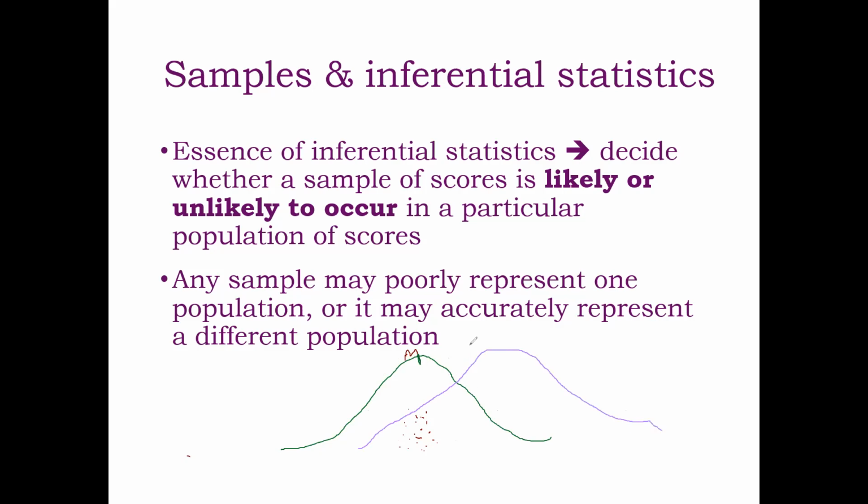What if they come from this one where the true mean is over here, and these are just scores that are extreme, much lower than the true mean? This means these scores poorly represent this population. What we're going to be doing is trying to figure out, when we have a sample and we get a mean or whatever we're looking at, if that sample mean is likely to represent one population or a different population.